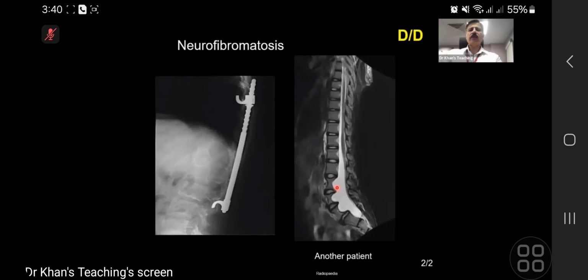There can also be extension laterally into the neural foramen. And you have to discriminate. Please remember that in neurofibromatosis, there can be just dural ectasia causing the posterior scalloping. And in other cases, there might be some tumor also, as in a schwannoma or a neurofibroma sitting there. So both of these can cause posterior scalloping.